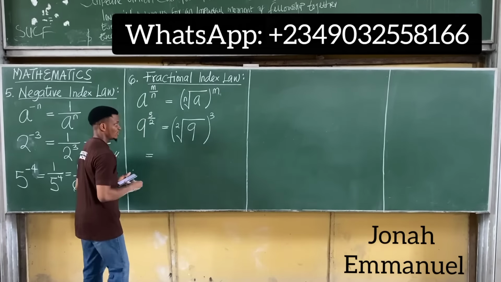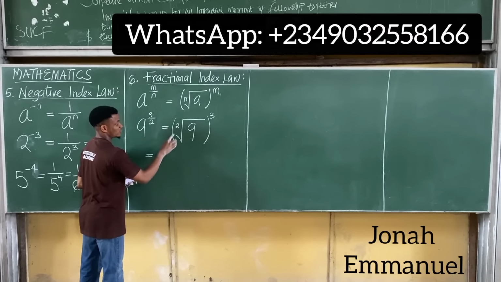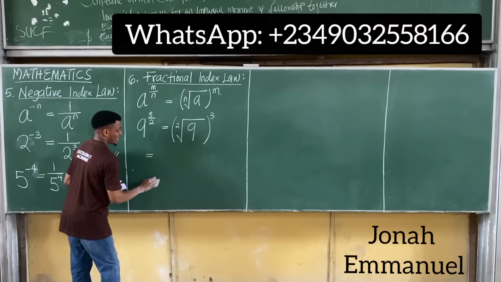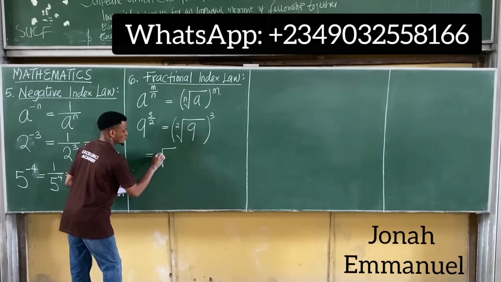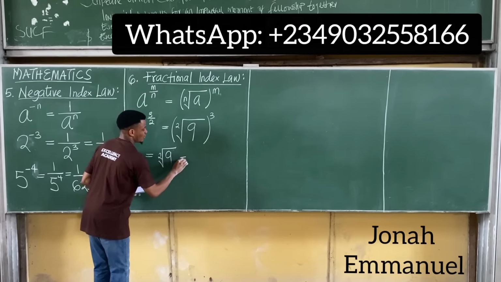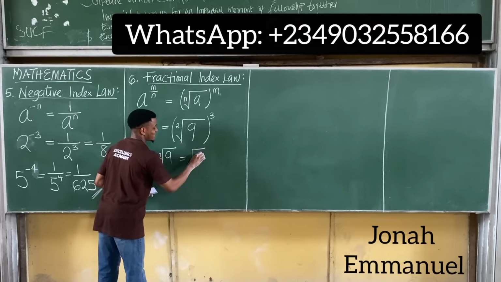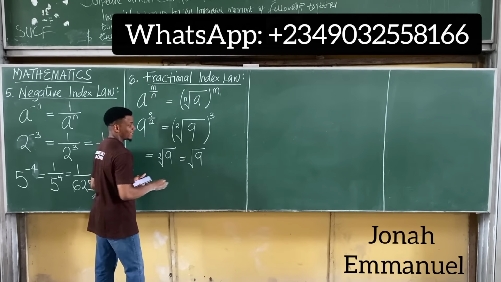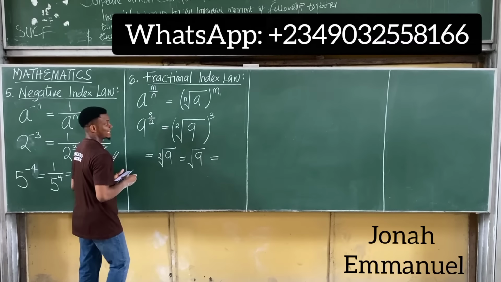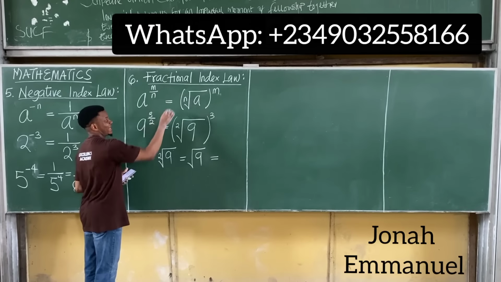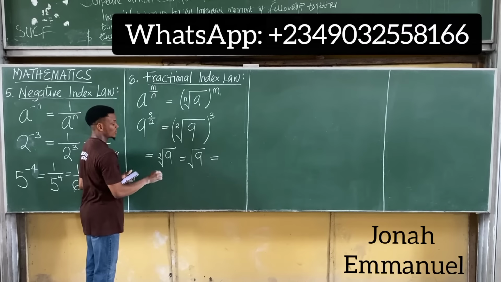So this becomes the square root of 9. That means I'll look for a number that will multiply itself n times, which in this case is 2 times, to give you 9.